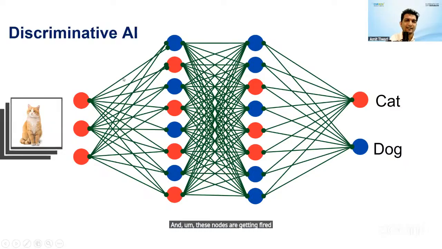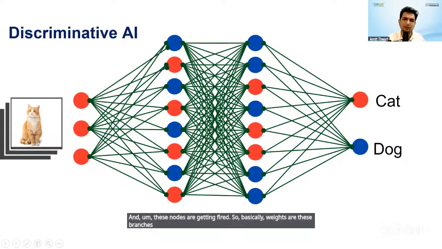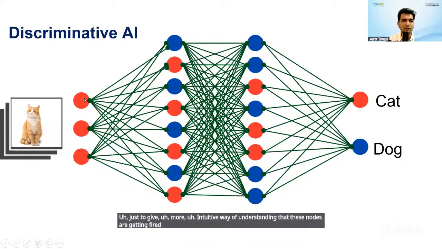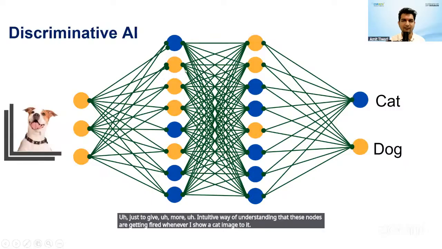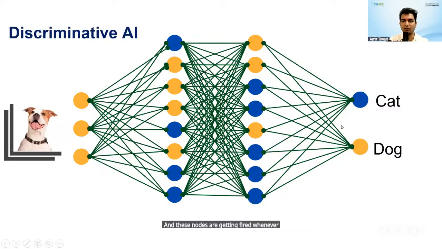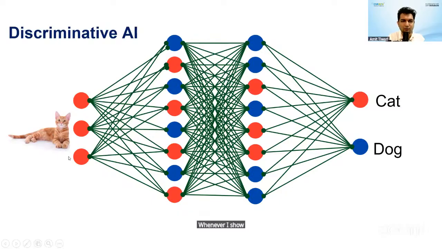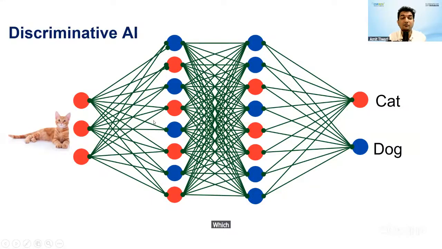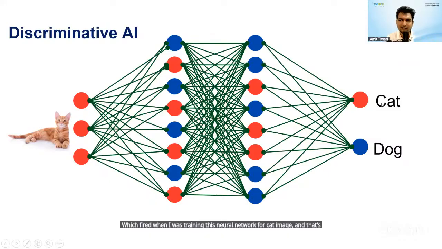Basically, weights are these branches from one node to another node, but to give a more intuitive way of understanding, these nodes are getting fired whenever I show a cat image to it, and these nodes are getting fired whenever I show a dog image to it. Let's say I show a cat image: the same nodes will get fired which fired when I was training this neural network for cat images, and that's why it will predict a cat.